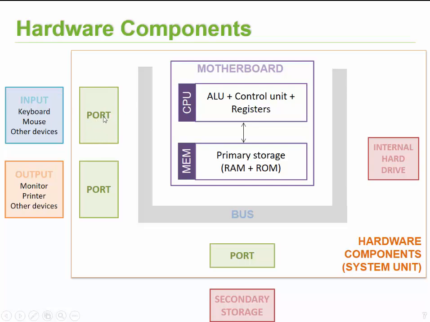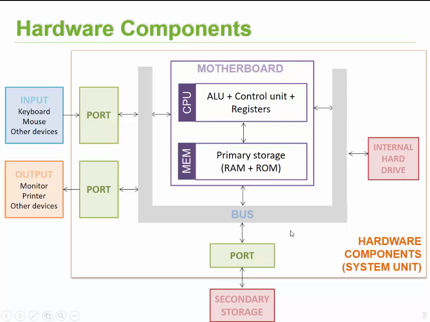So the port is your interface between the actual hardware device and the computer. Your input devices will be connected to ports, your output devices will be connected to ports, as well as all secondary storage devices, typically in the form of USB ports, ports for your external hard disks. So communication takes place between all of these components.